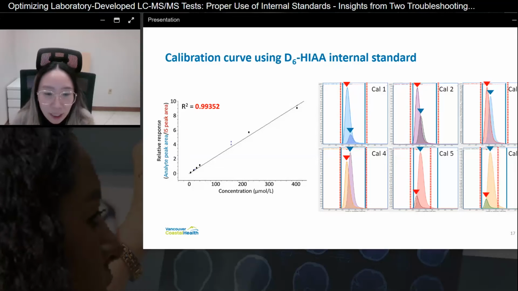We can see the analyte elutes outside of the time frame of the internal standard, which is highlighted here, which means that the internal standard isn't there to correct for the ion suppression or matrix effect in the ionization process. The lack of correction could be contributing to the nonlinear response we observe.